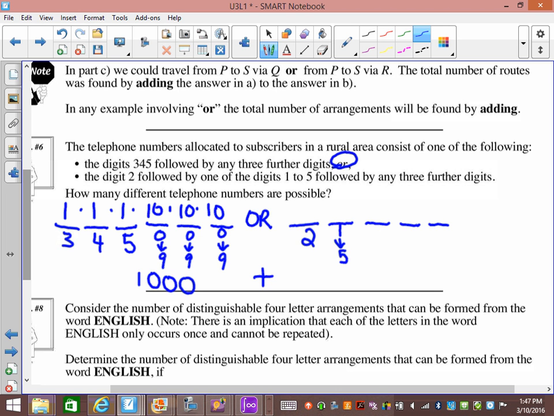They can be anything, 0 to 9, 0 to 9, 0 to 9. So 1 option, 1 to 5 is 5 options, 0 to 9 is 10, 10, 10. 1 times 5 times 10 times 10 times 10 is 5,000. So in total, 6,000 options.